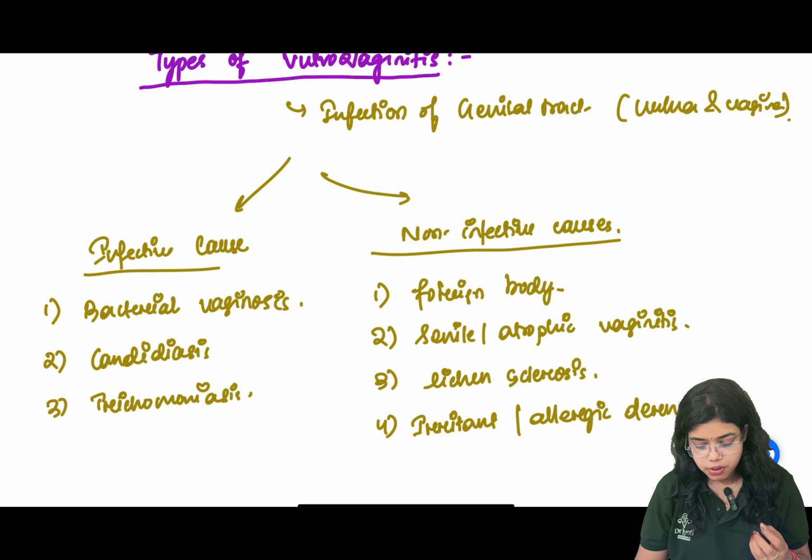Senile or atrophic vaginitis is not infectious, but due to decrease in estrogen level, due to thinning of the vaginal epithelium, it is more prone to injury, and when injury occurs, there is white discharge, and also it may be associated with other infective causes of vaginal or cervical discharge.